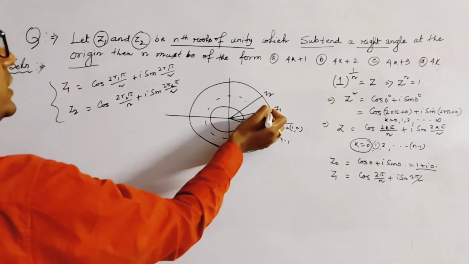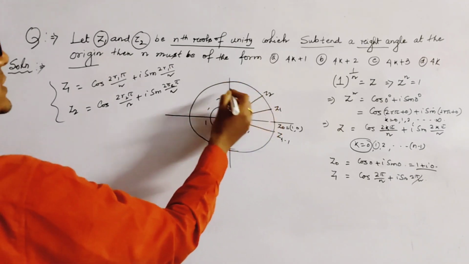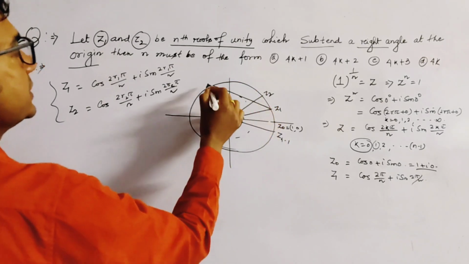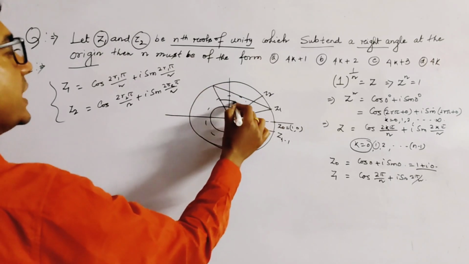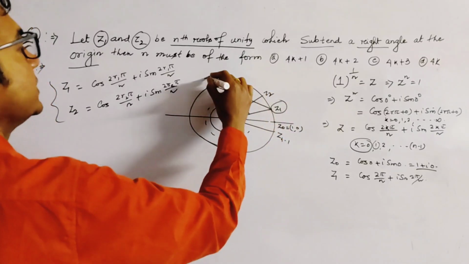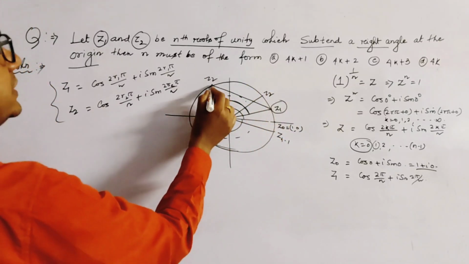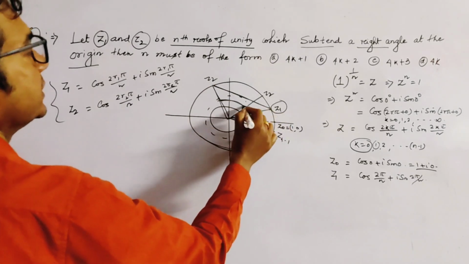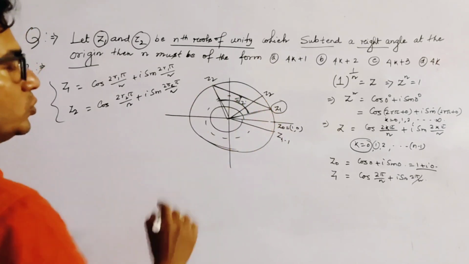Let this be z1 and this z2, and subtending a right angle means this angle is a right angle, π by 2.